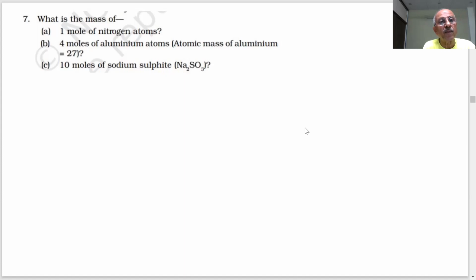Next question, students. What is the mass of? You have 1 minute for each question. Answer A. What is the mass of 1 mole of nitrogen atoms?